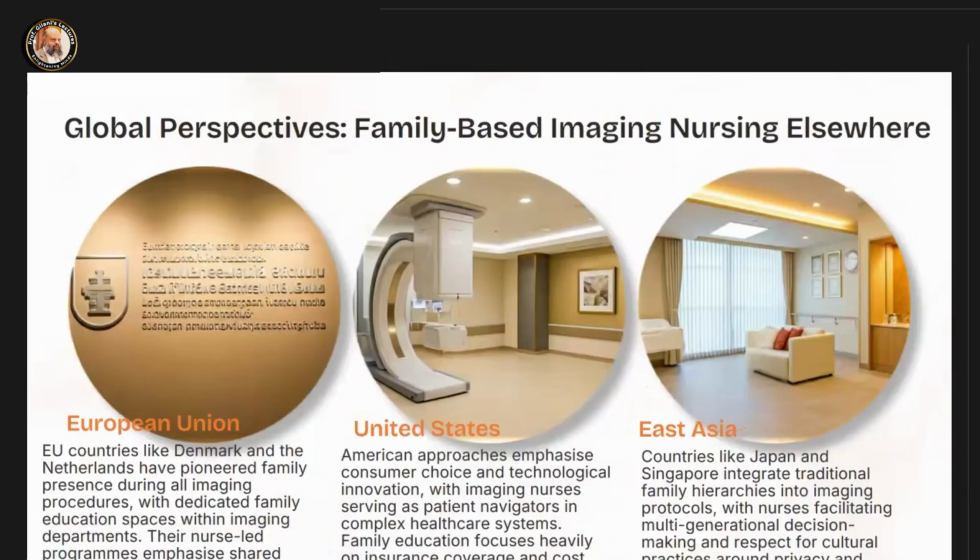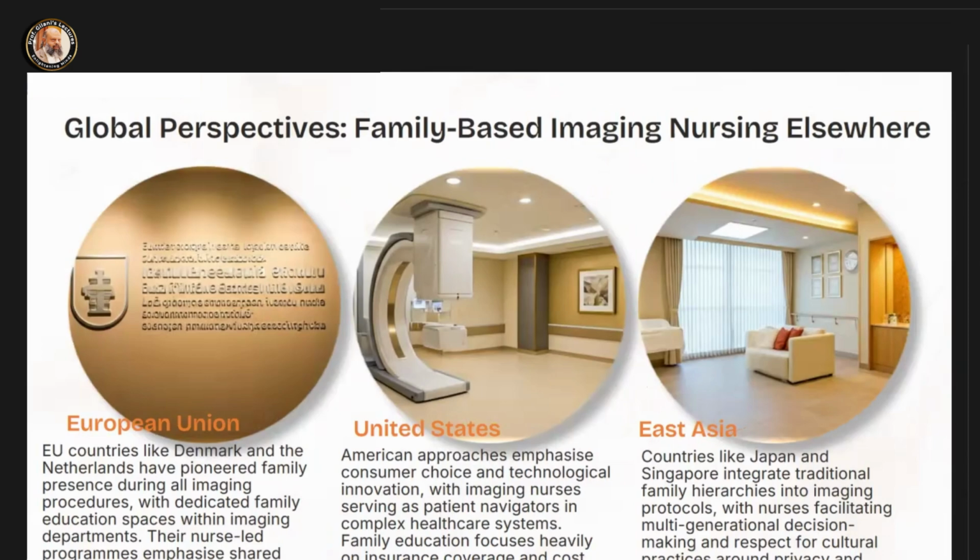The global perspective on family-based imaging nurses. Elsewhere, in the European Union, countries like Denmark and the Netherlands have pioneered family presence during all imaging procedures and dedicated family education spaces within imaging departments. Their nurse-led programs emphasize shared decision making.